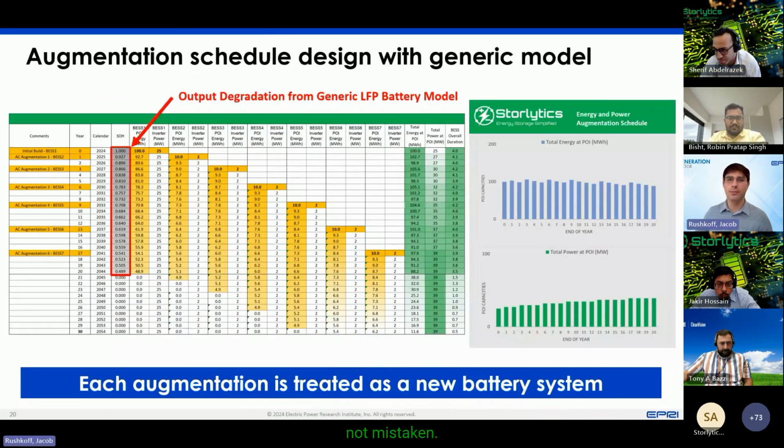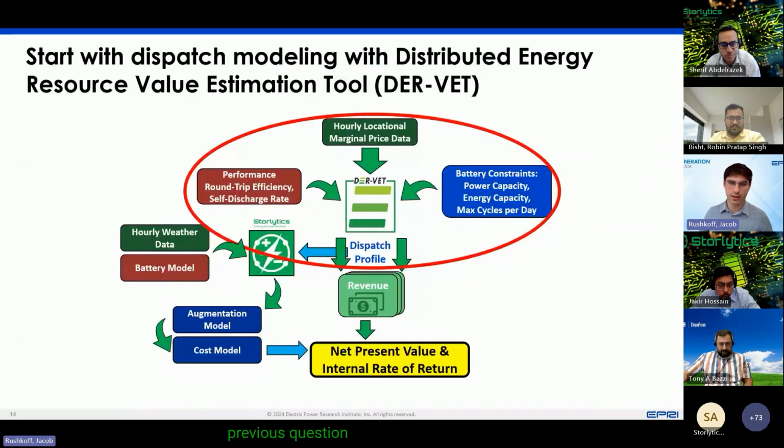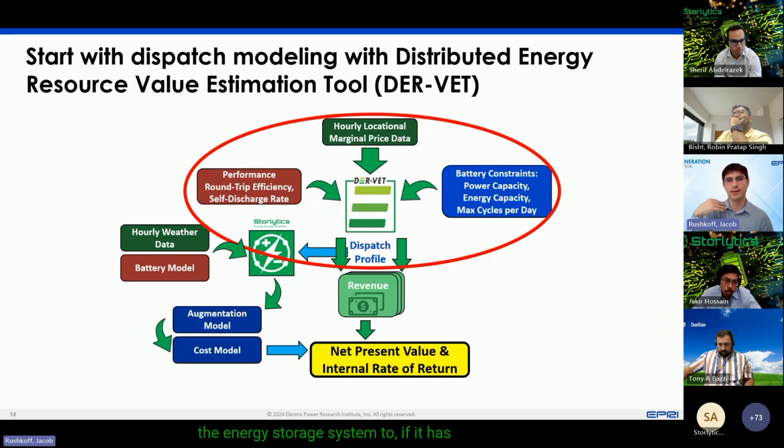Oh, so in Dervet, and I guess this links to your previous question, we are modeling the storage systems as 4-hour energy storage. So in Dervet, we maintain that 4 hours, and if the system has additional capacity, we don't allow it to bid that additional capacity.